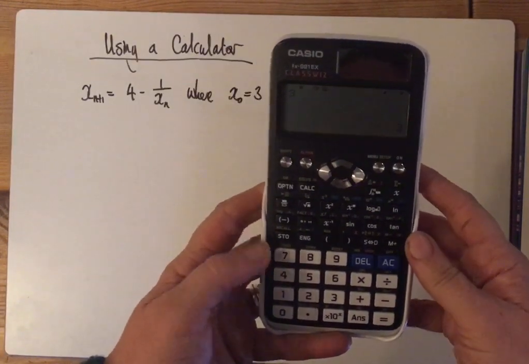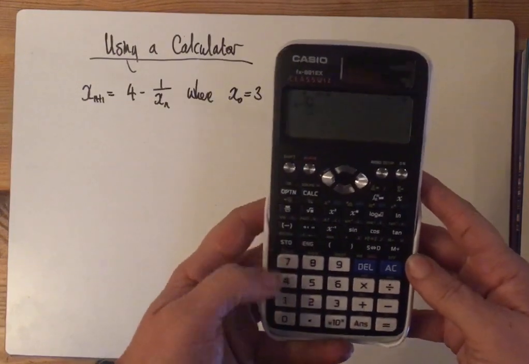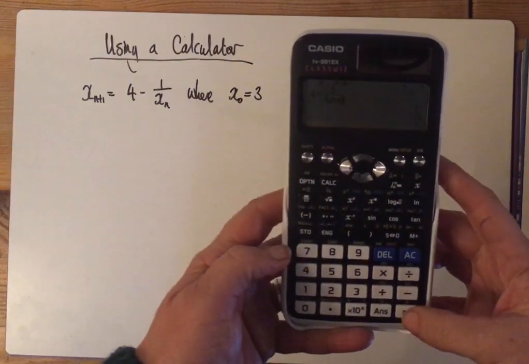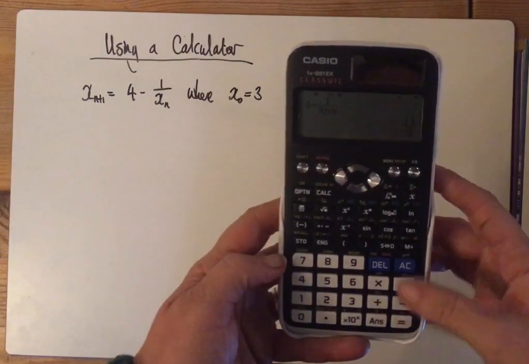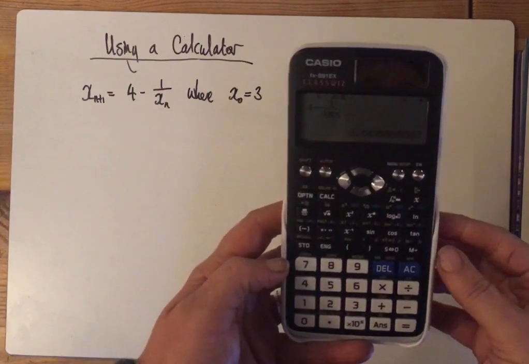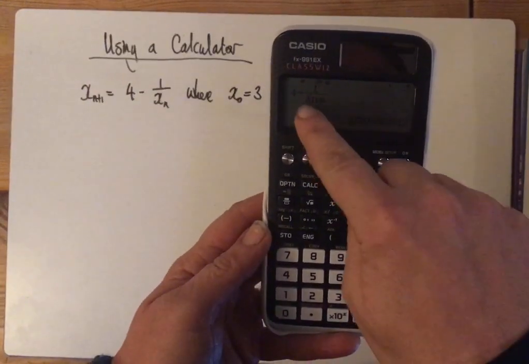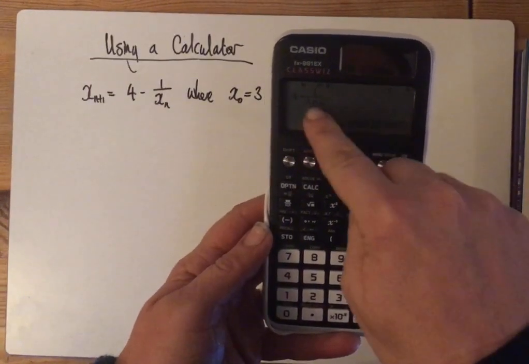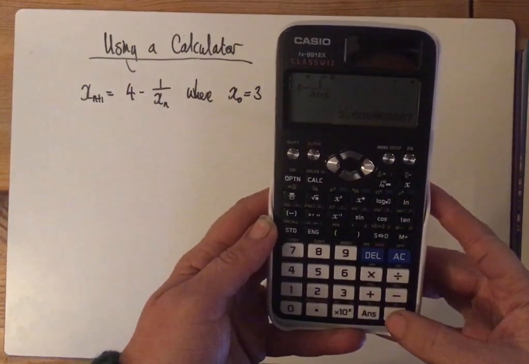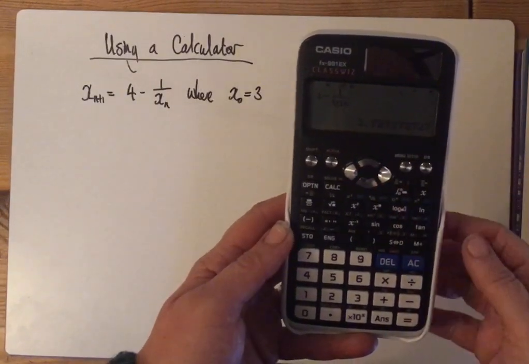And then to get the next value, you do 4 - 1/answer and press equals. So that's 11 over 3, which is the 3.66666. And then you don't actually need to keep putting it in. It will just keep on putting this into that answer. So if I press equals again, that's going to give me x_2 as 3.72727.